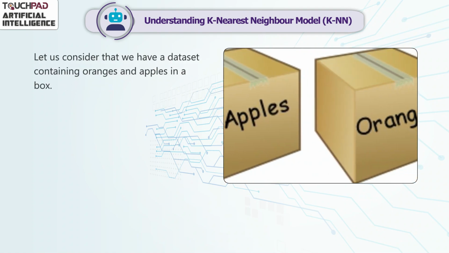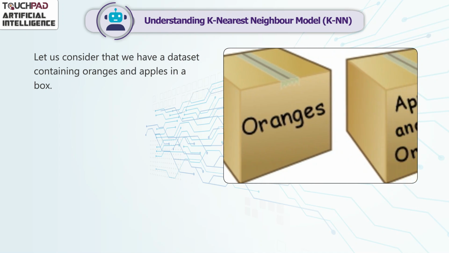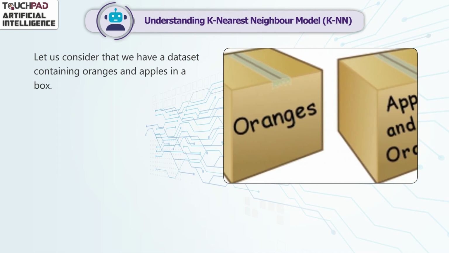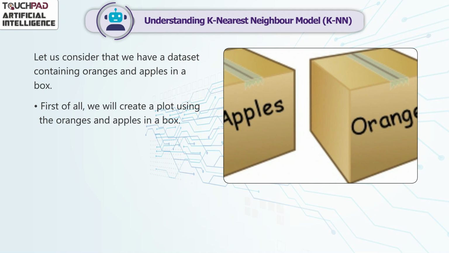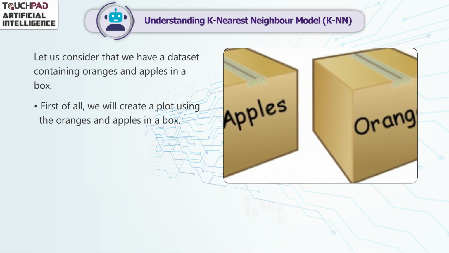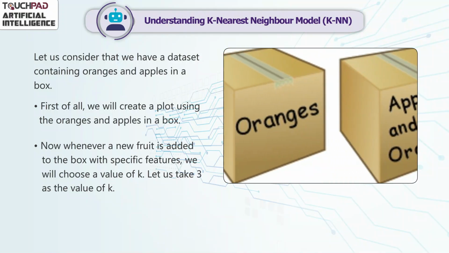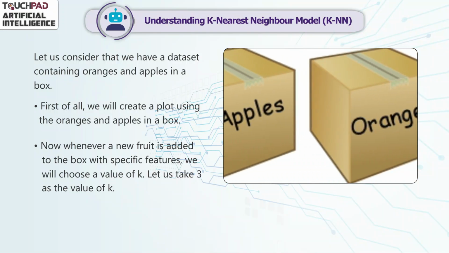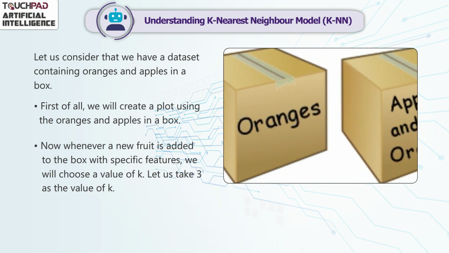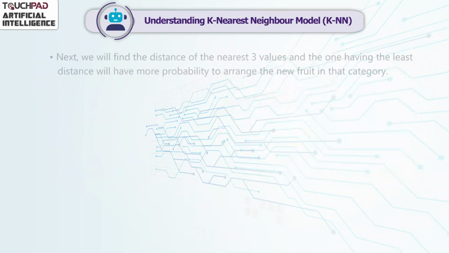Let us consider that we have a dataset containing oranges and apples in a box. First of all, we will create a plot using the oranges and apples in the box. Now, whenever a new fruit is added to the box with specific features, we will choose a value of k. Let us take 3 as the value of k.